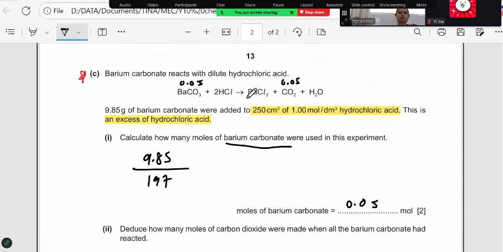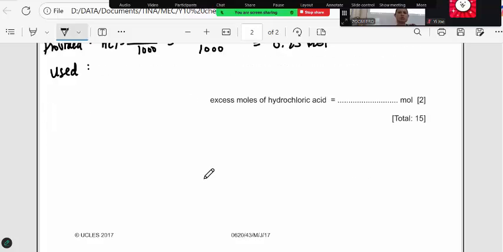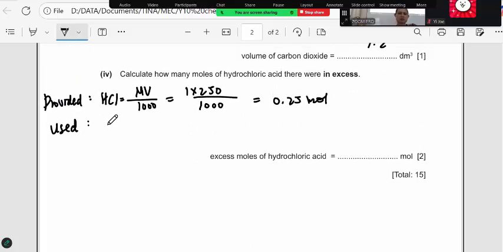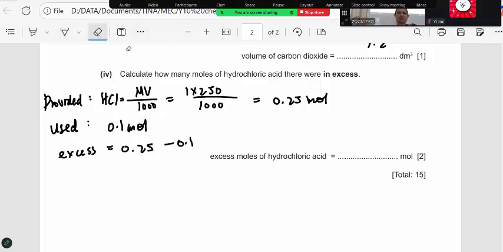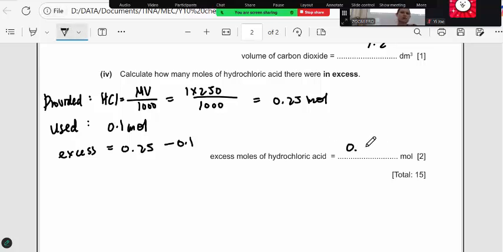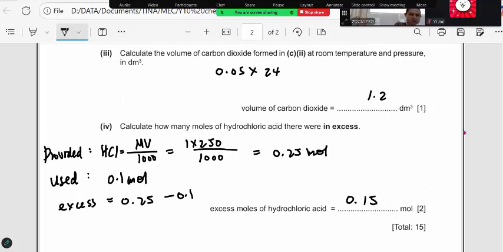If this one is 0.05, this one is 0.1 because it's double. So used is 0.1 mole. So excess is 0.25 minus 0.1. Got it? Ijo, did you get it correct? Yeah. Okay, very good.